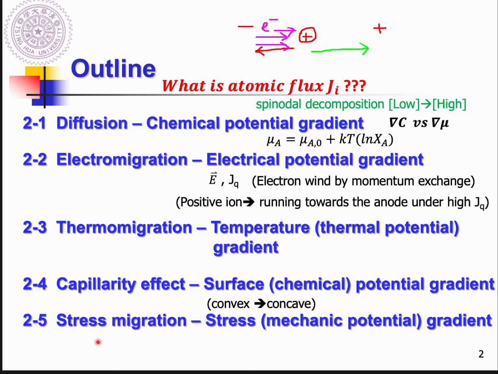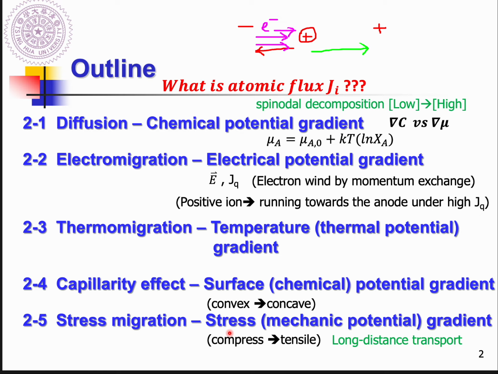And the last part is stress migration. As we know, there are lots of defects inside our materials. So if there's an edge dislocation in your material, you can identify the region with the edge dislocation belonging to the compressive region, and atoms located inside this region will have a higher potential energy.